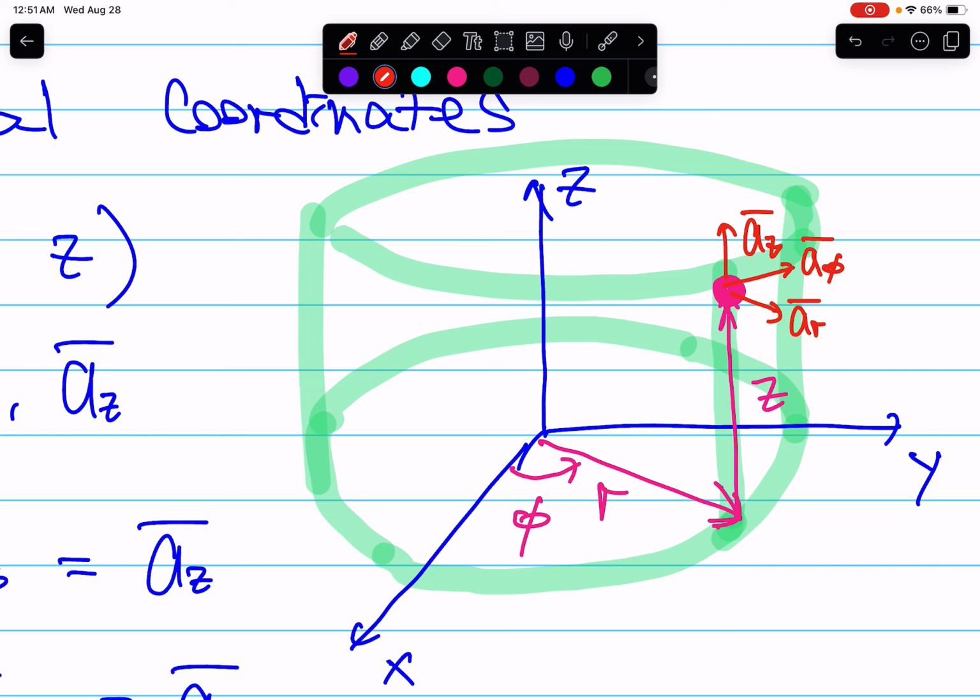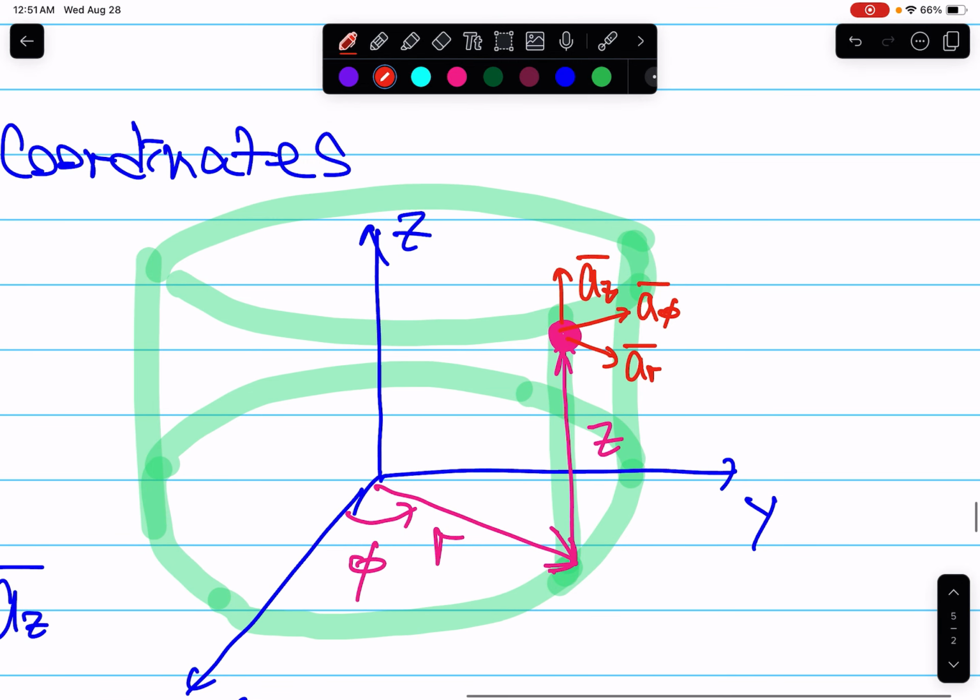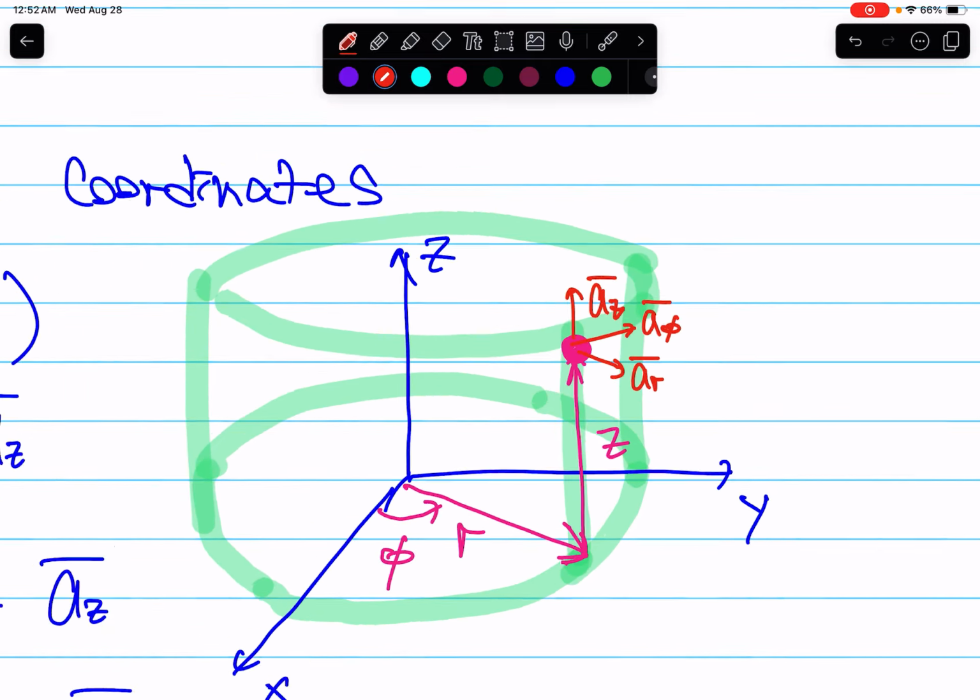Okay? So it's easy to see that AZ is perpendicular to both A pi and AR, but it could be a little difficult to understand why AR and A pi are perpendicular.